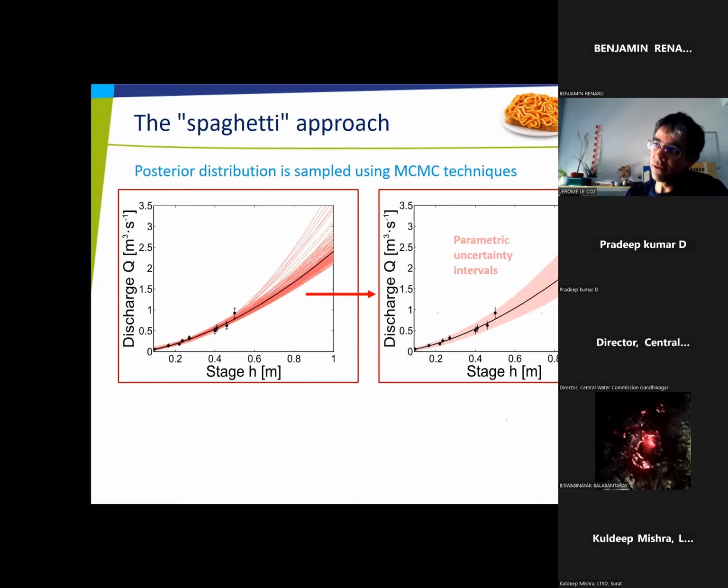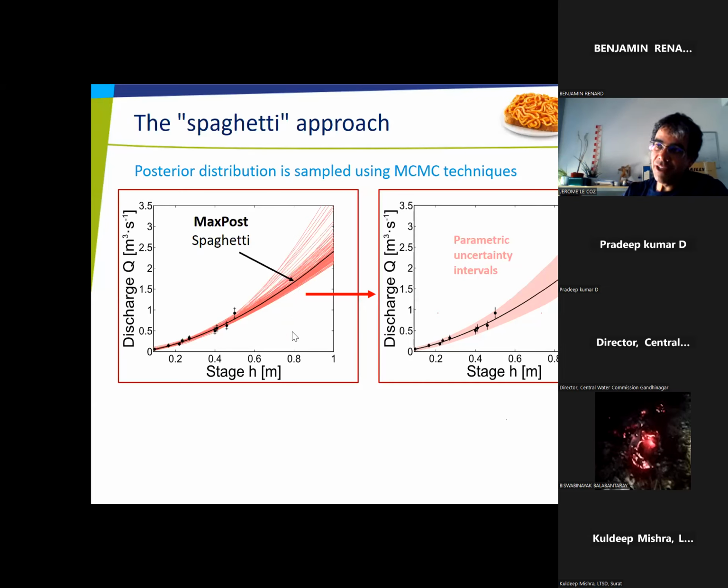And then we build what we call the parametric uncertainty interval. This parametric uncertainty is the uncertainty due to the limited knowledge or imperfect calibration of the parameters of the rating curve. And it will display in pink like this in the software. Okay, and again, the max post spaghetti here, or the max post rating curve here.